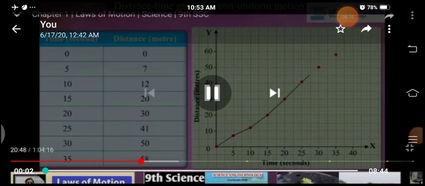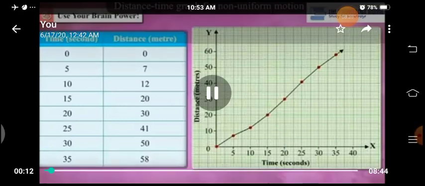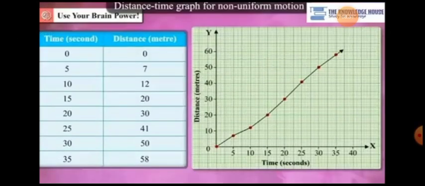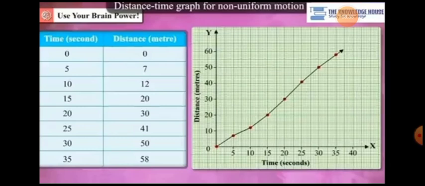Here, the distance changes non-uniformly with time. Thus, the bus is having non-uniform motion. Use your brain power. What difference do you see in the distance time graph for uniform and non-uniform motion?